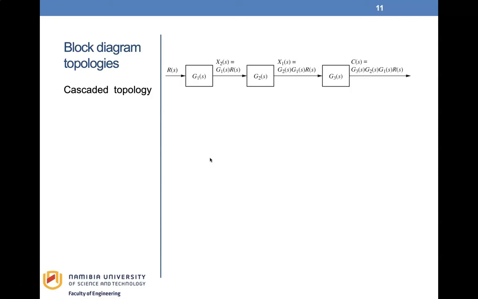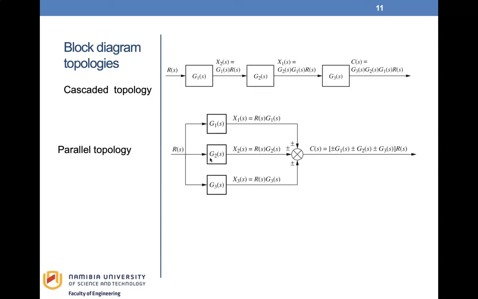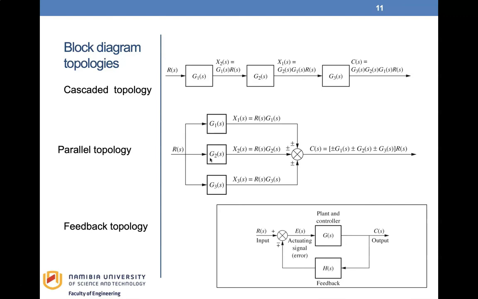So far, we have covered the three main topologies or forms in block diagrams. These are cascaded, parallel, and the feedback form. These three forms are usually combined into complex arrangements in physical systems.